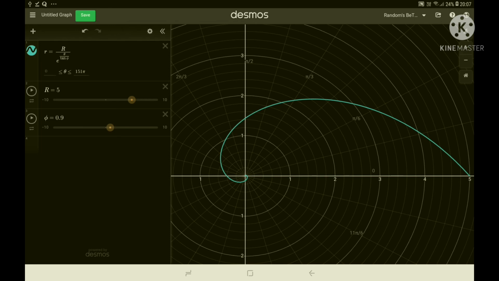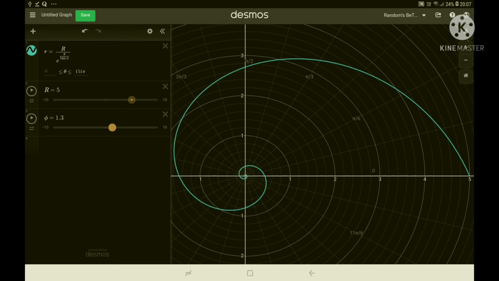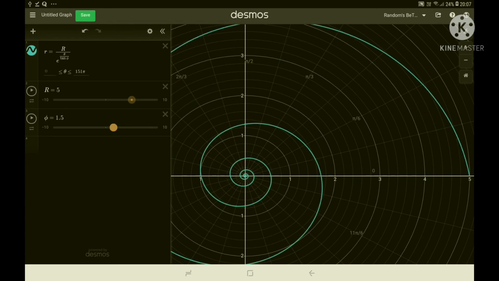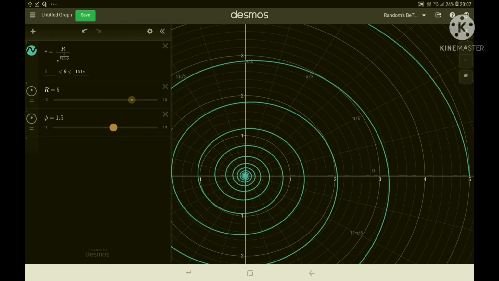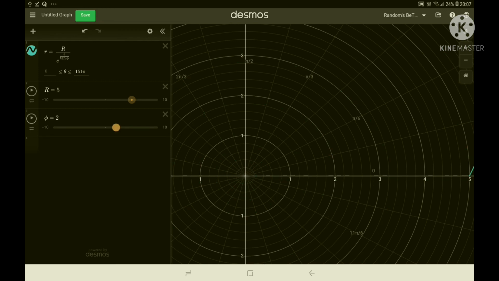And now let's tweak the parameters so that the initial angle that the velocity vector makes with the position vector is greater than 90 degrees. So I think 1.5 will do it, right? Yeah, 1.5 will do it. No, maybe 1.6, 1.7, yeah.